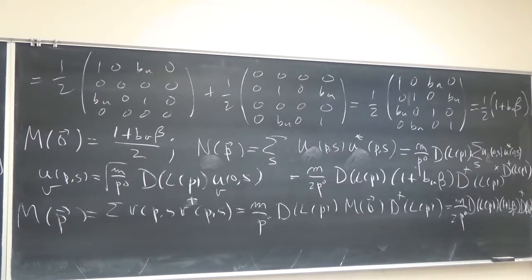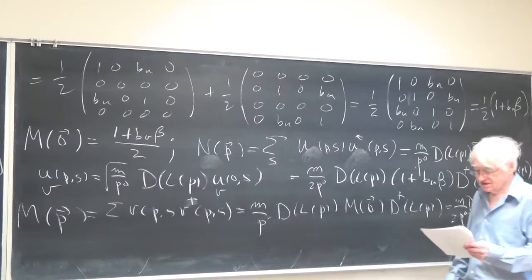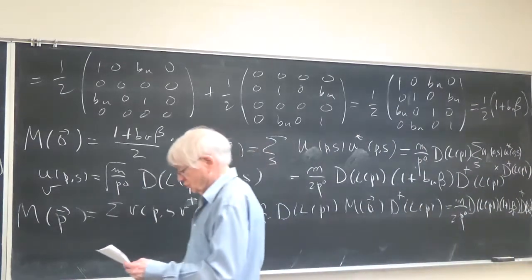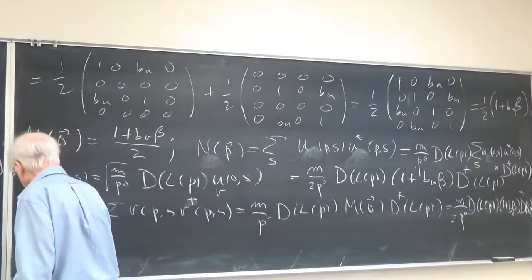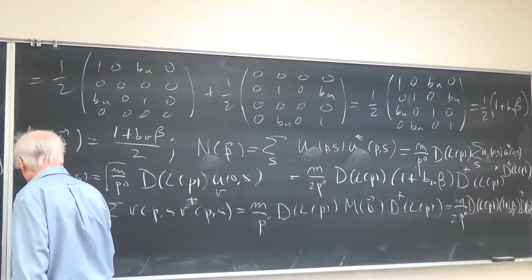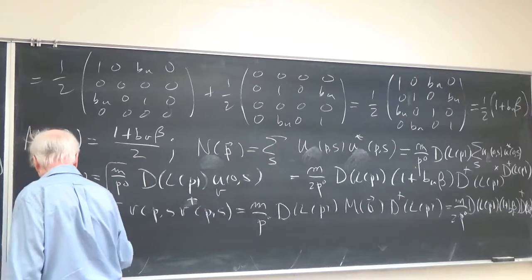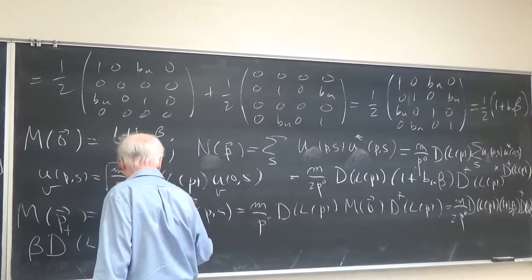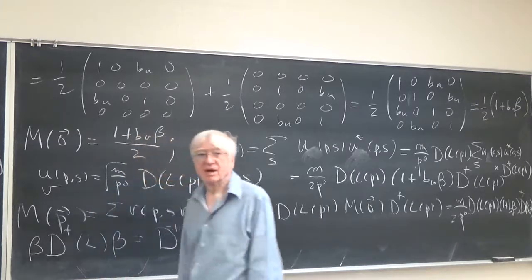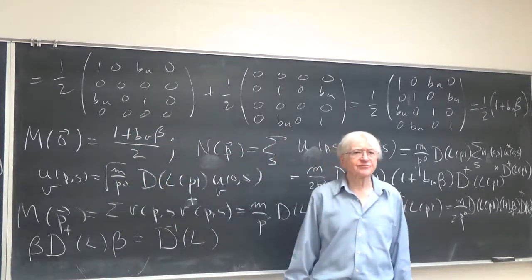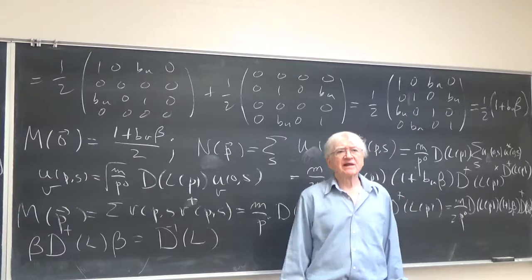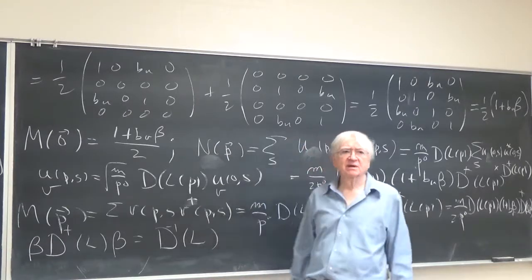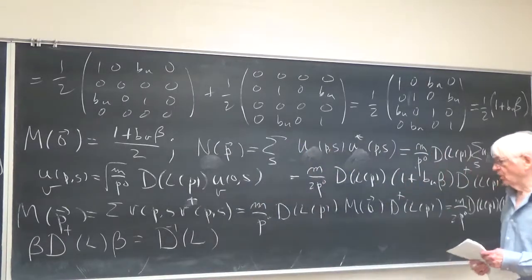Okay. All right, well, there's a pseudo-unitarity condition which we wrote down earlier, namely beta D adjoint of L beta is D inverse of L. That was the very top left corner of the second blackboard.